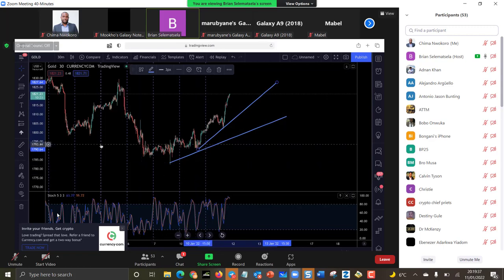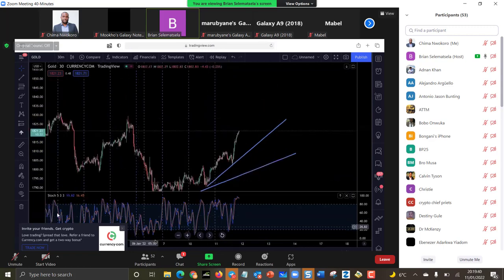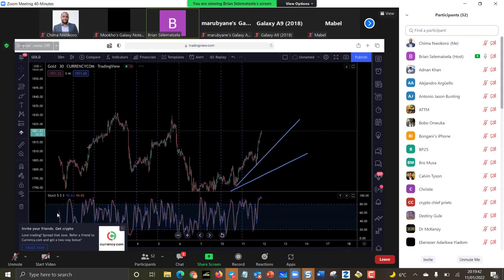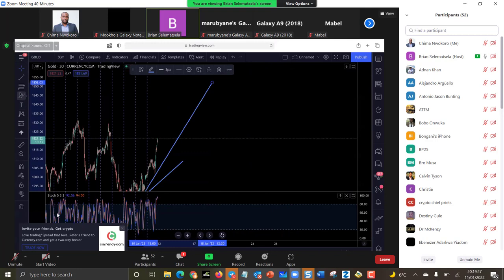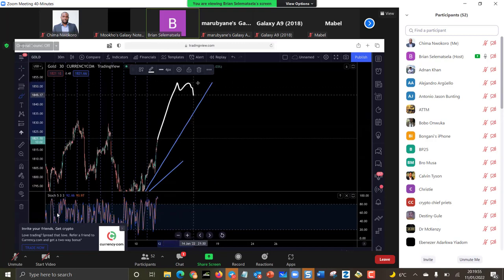So even if it goes up like crazy to here, when it starts to consolidate and it breaks the first layer, that's when you know, okay, this is about to go in the opposite direction. So just simply wait for it to break the first layer.